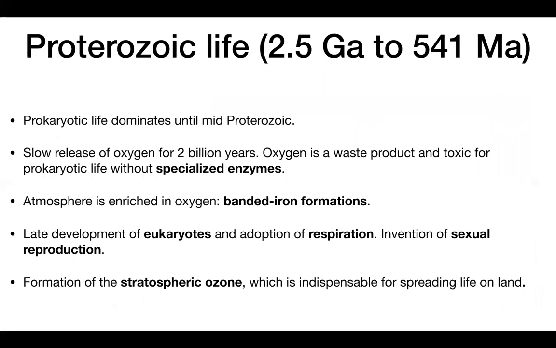The Proterozoic eon is a 2 billion year period that ranges from 2.5 billion to 541 million years ago. During this time, most of the central parts of the continents had formed and plate tectonic processes had started.